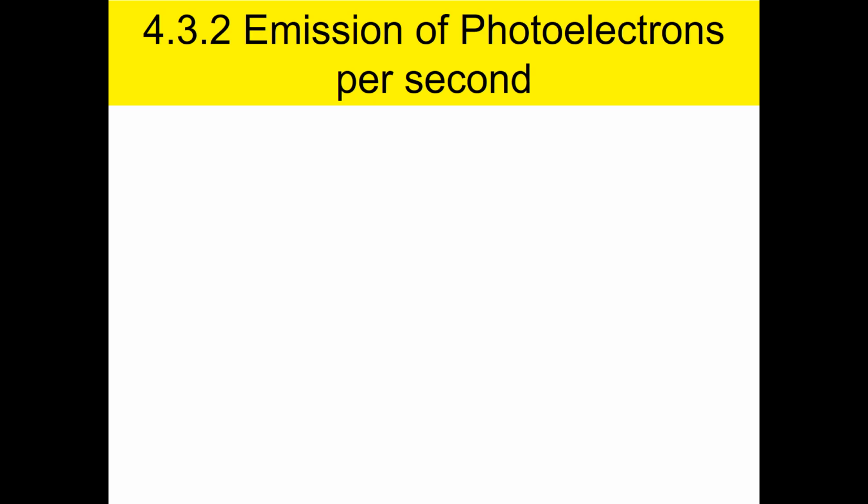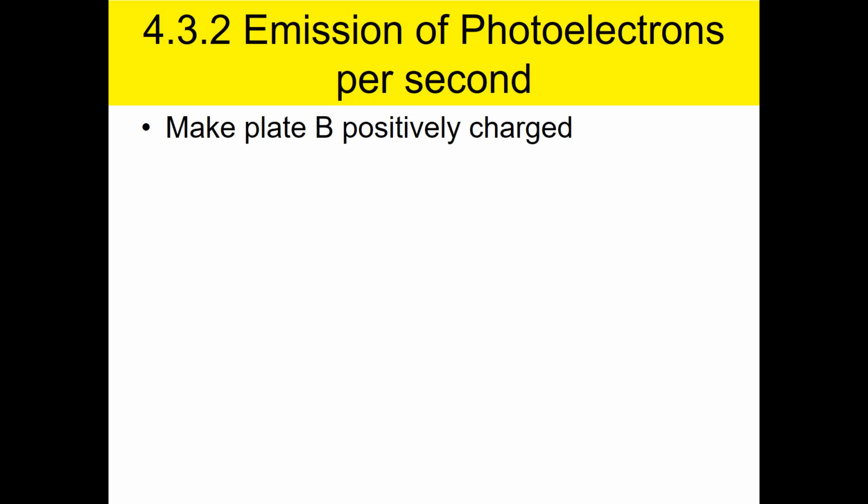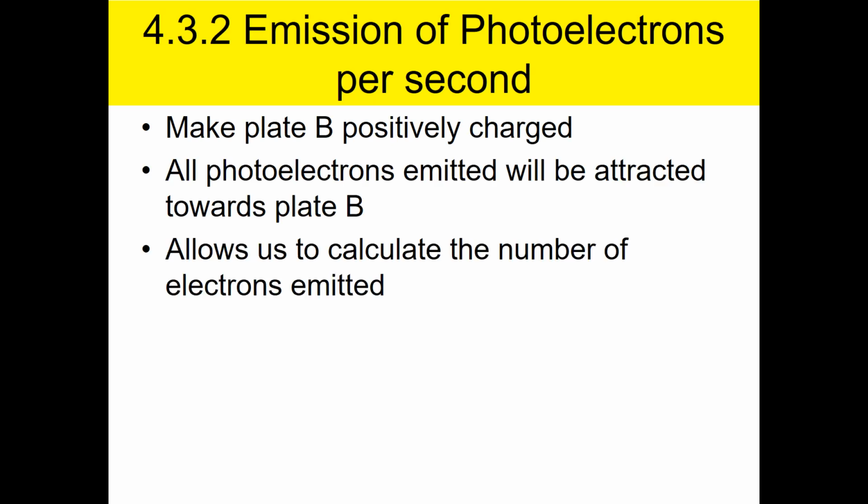We use an ammeter, right? If we make plate B positively charged compared to plate A, all the electrons that are emitted will be attracted towards plate B, all of them. Then this allows us to calculate all of the electrons being emitted.